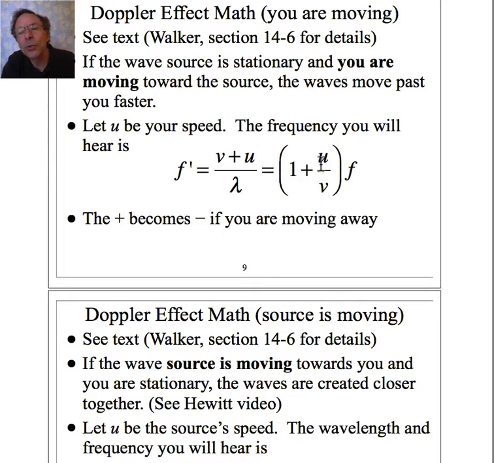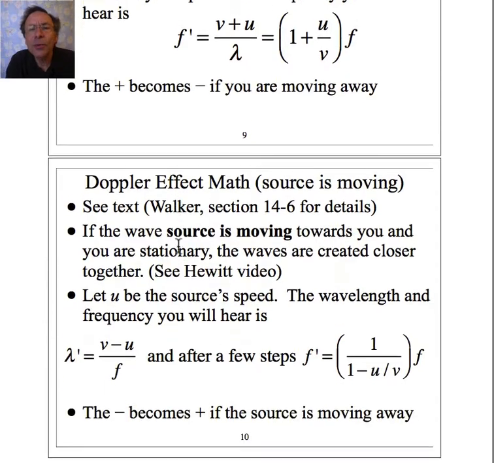And the U is your speed. And so you do this math, and you're going to get the modified pitch. It'll be a higher pitch because this is positive when you are going towards the source, and it'll become a lower pitch, a negative sign, if you are moving away from the source.